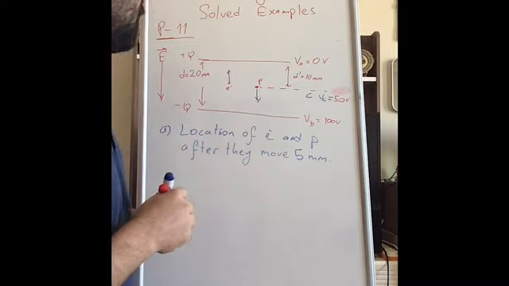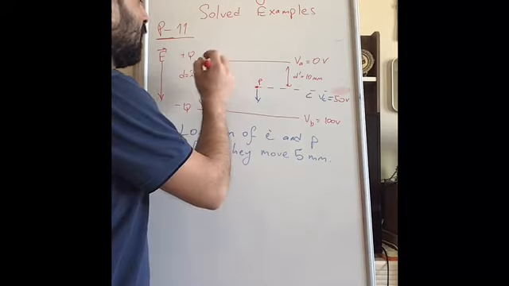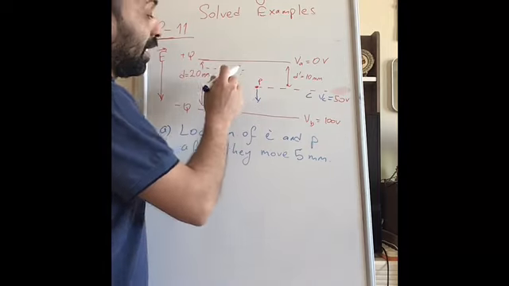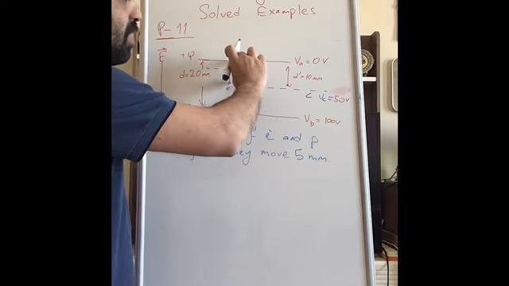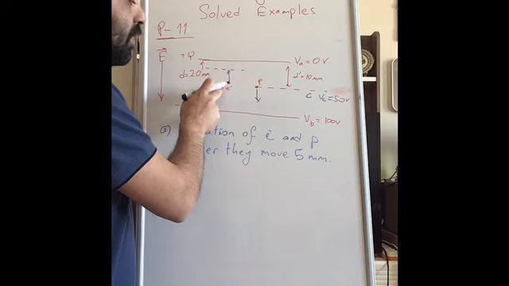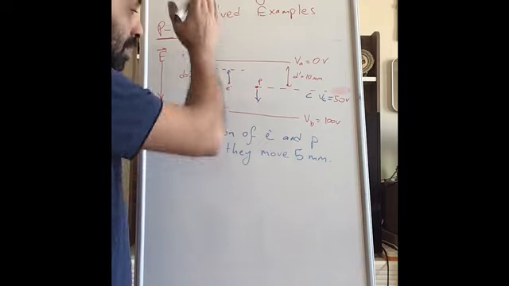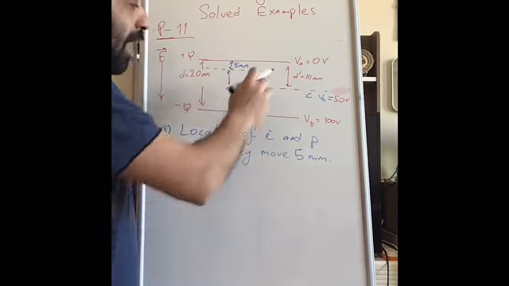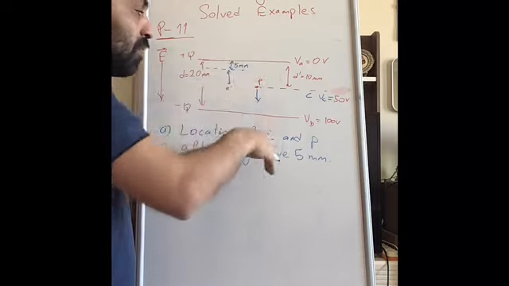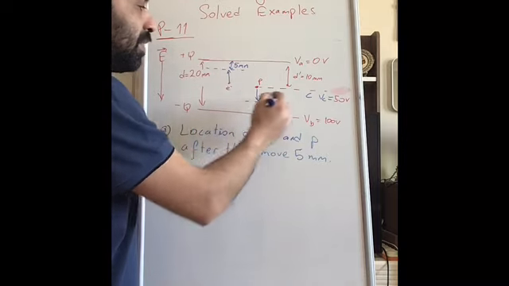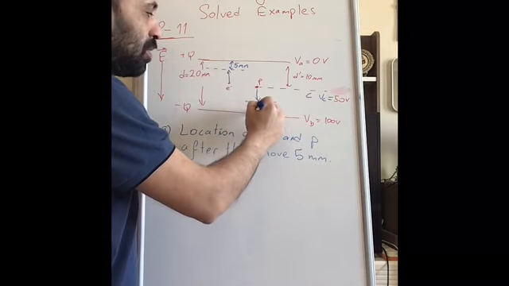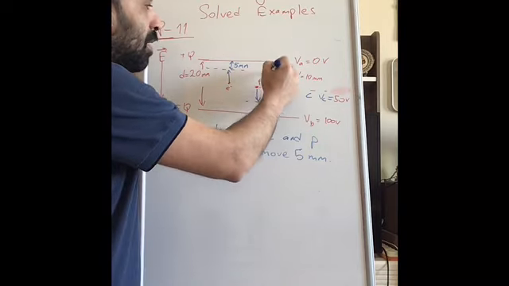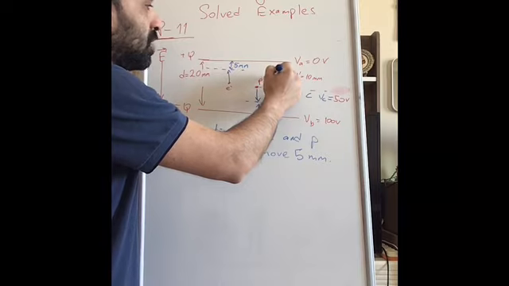So after they move 5 millimeter, the electron will be here. This is the place of electron, and actually it was 10 millimeter in the beginning. Once the electron moves 5 millimeter upward, this distance will be 5 millimeter. And for the proton, it's going to move downward, and after it moves 5 millimeter, it is 10 millimeter again, so it's going to be 5 millimeter above or 15 millimeter below the positively charged plate.